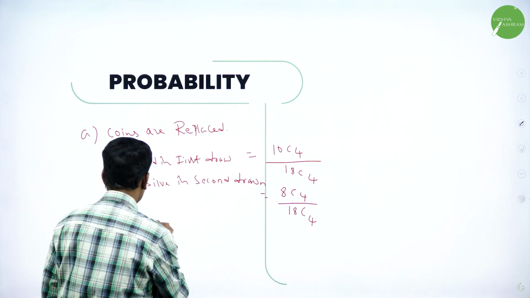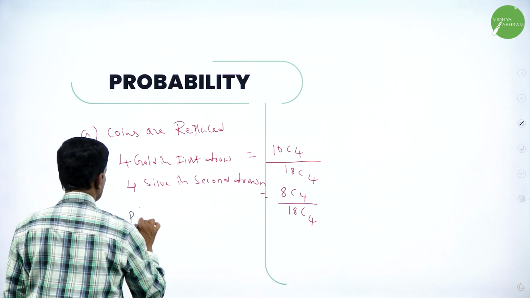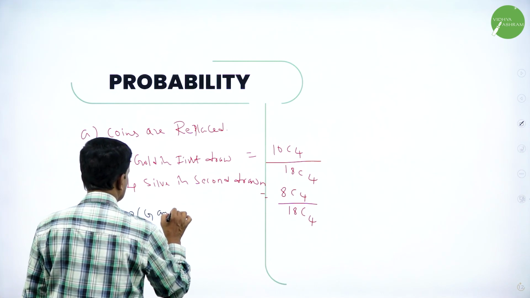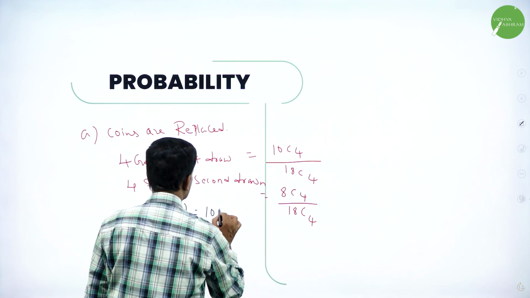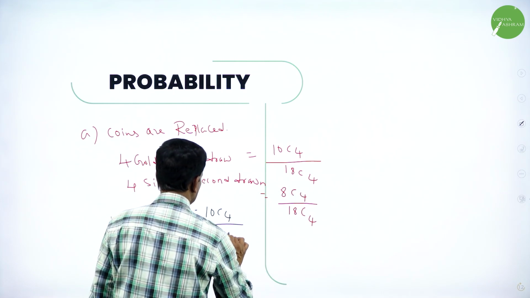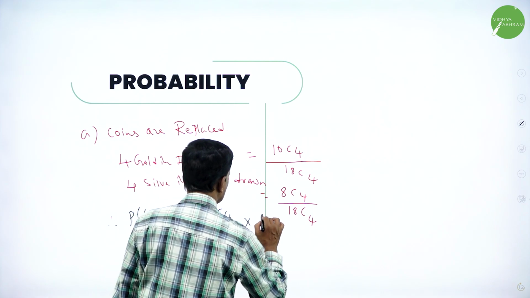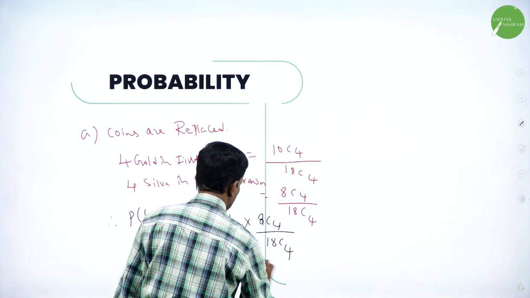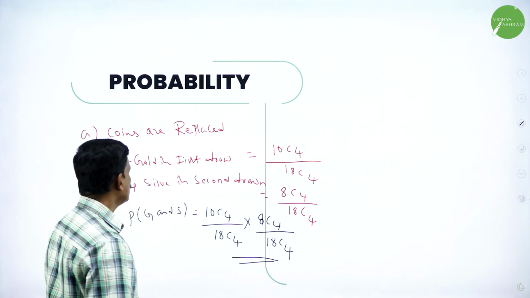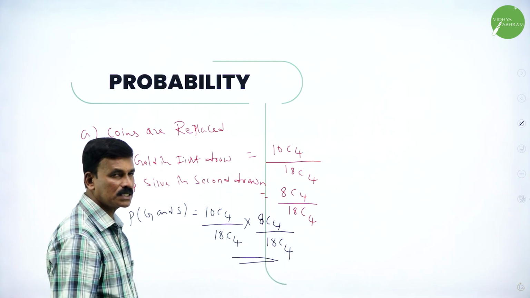Now the probability of getting gold and silver coins is just multiply these two: 10C4 divided by 18C4 into 8C4 divided by 18C4. This is the probability of getting gold and silver coins.